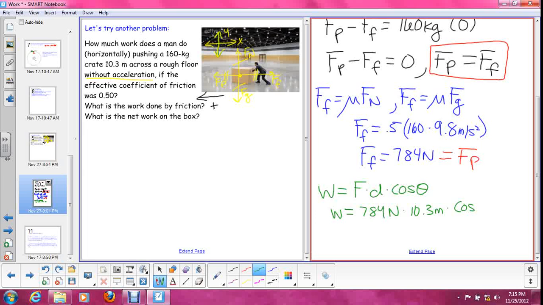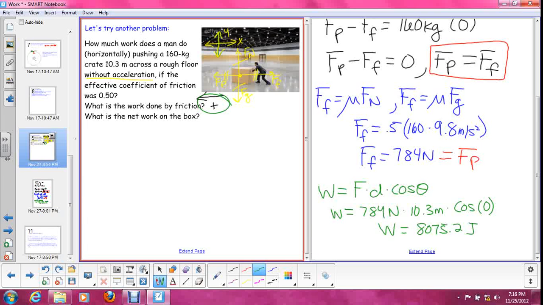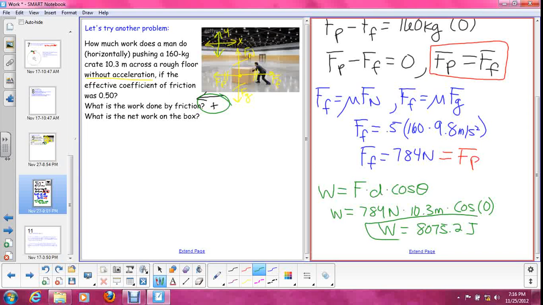The box moves horizontally, it moves parallel to the surface. So the angle is 0. When you plug 784 times 10.3 times the cosine of 0 into your calculator, you get 8,075.2 joules. And because this is moving in our positive direction, this is a positive amount of work.